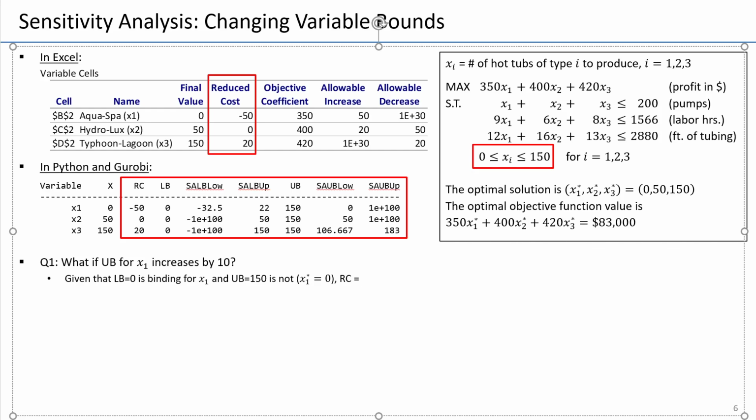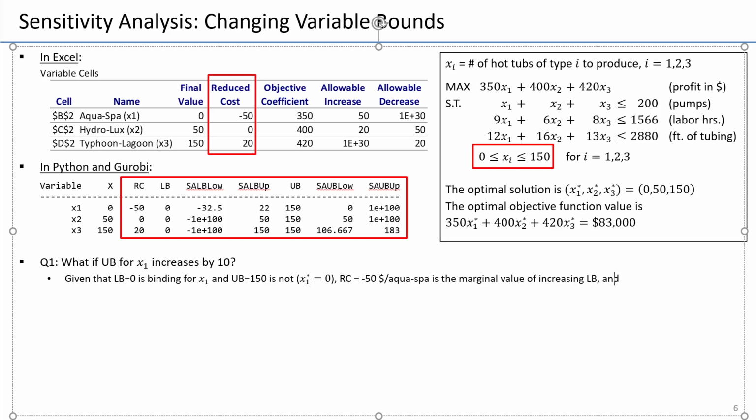The reduced cost is minus 50, and let me put the unit here: dollars per aqua spa. Why per aqua spa? Because product 1 is aqua spas, the number of aqua spas. So this minus 50 is the marginal value of increasing the lower bound.